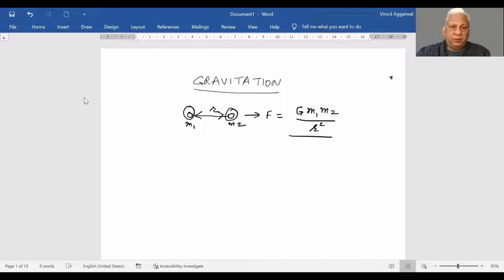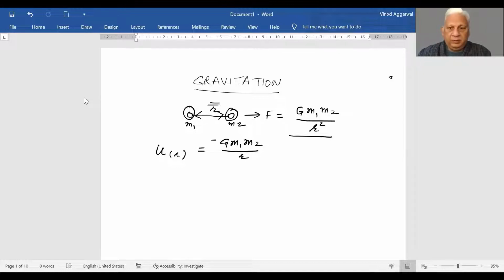Now, if we define a potential of a point from a body at a distance r, like in this case, it is given as minus G m1 m2 by r.